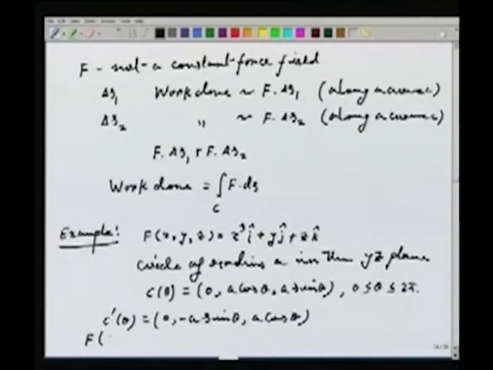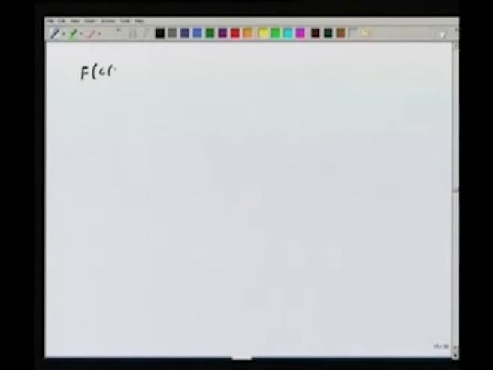And then I have to calculate what is F of C of theta. In this case it is F of C theta, that is, I obviously get 0 here, then a cosine theta, then a sine theta. Then what is F of C theta dot C prime theta?